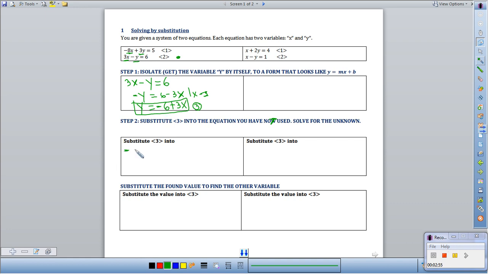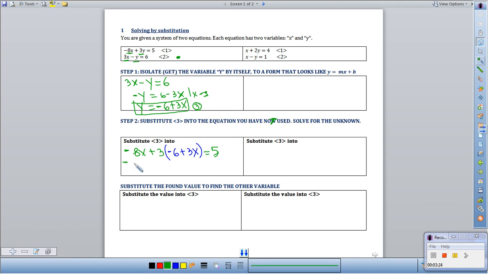We have -8x plus 3. And instead of that y variable, I'm going to use the expression that represents it, -6 plus 3x equals 5. Now, I want you to expand, simplify, and solve for x.